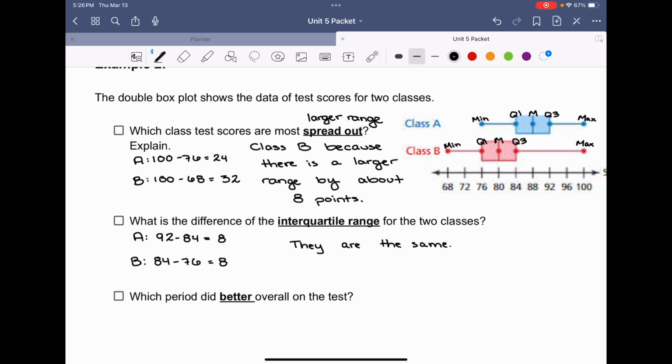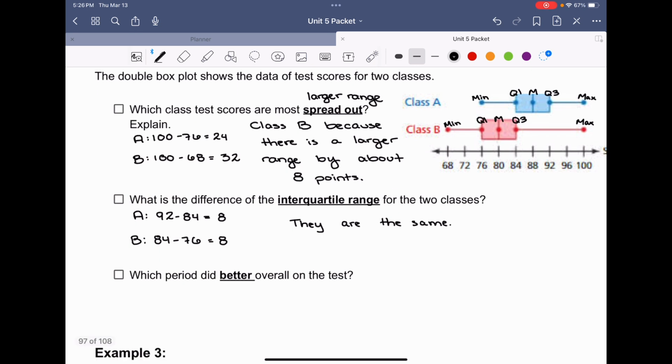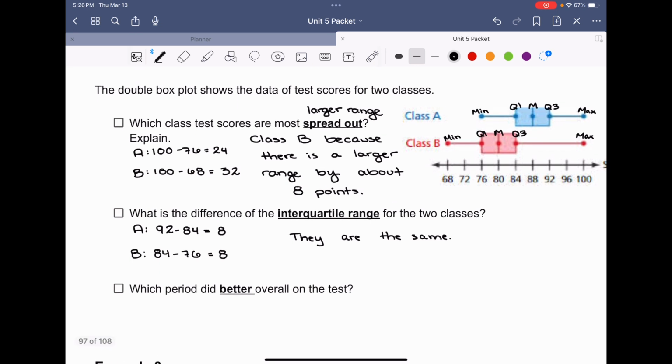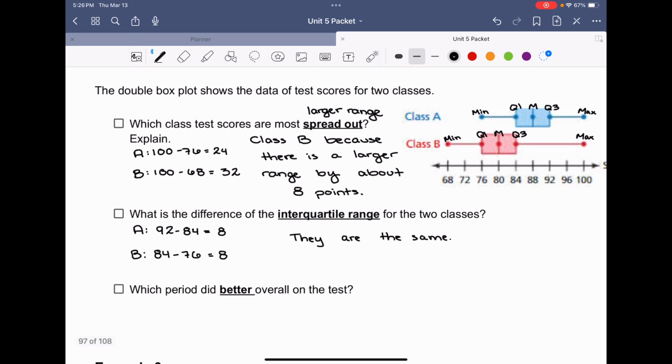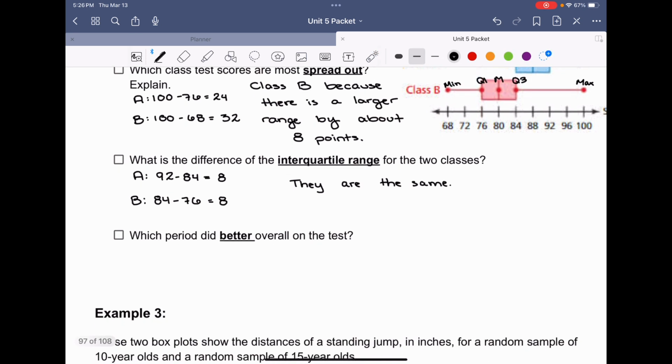So overall, which period did better on the test? Well, if we take a look, Class A, their minimum score was a 76. So overall, Class A did better on the test.